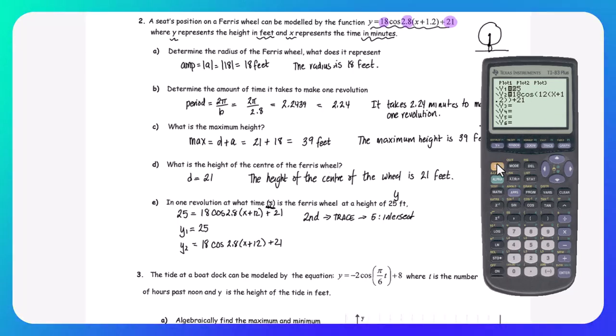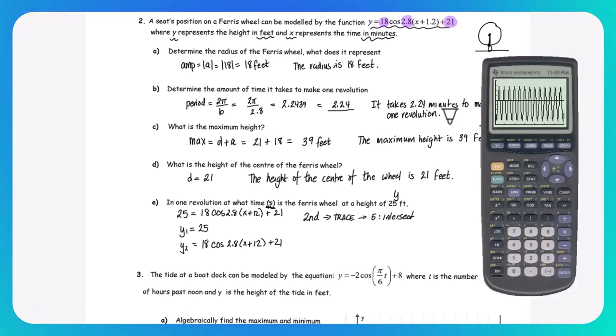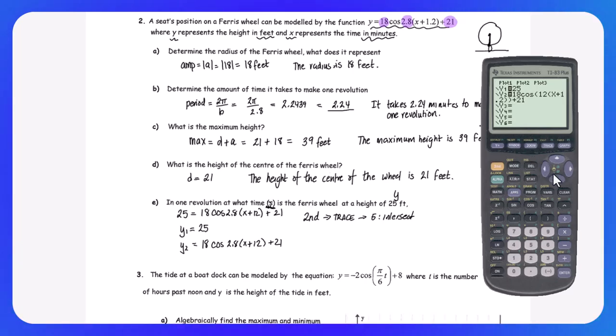The reason I knew that this was wrong is because the period was 2.25. And if the period is 2.25 and the distance from here to here is 7, I really only should see 3 cycles, but I saw a bunch here. So that gave me a hint that I must have put something wrong.